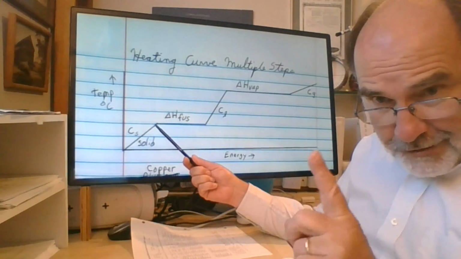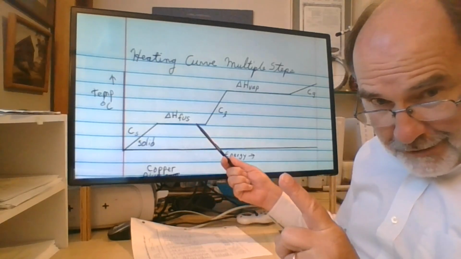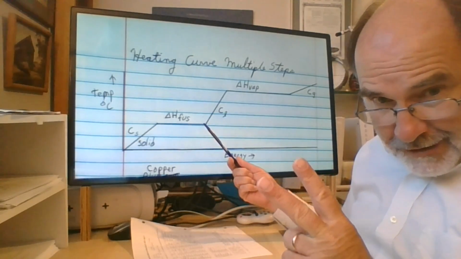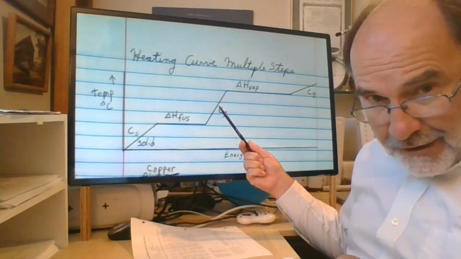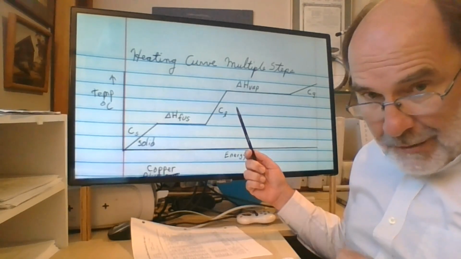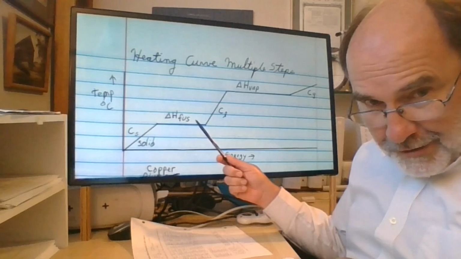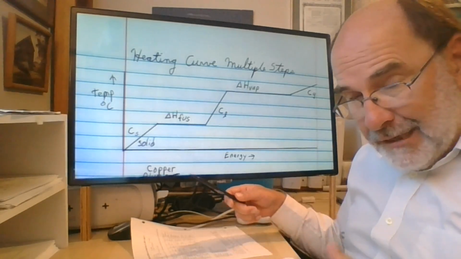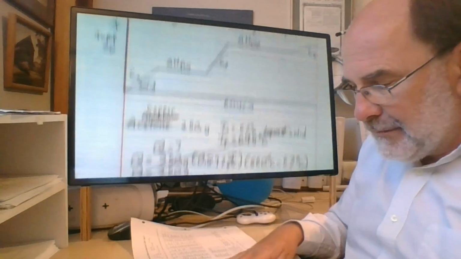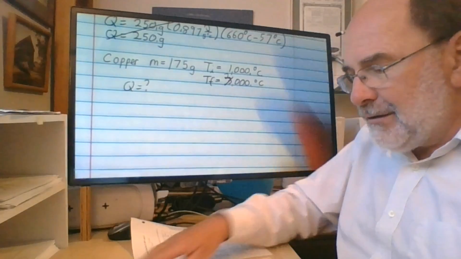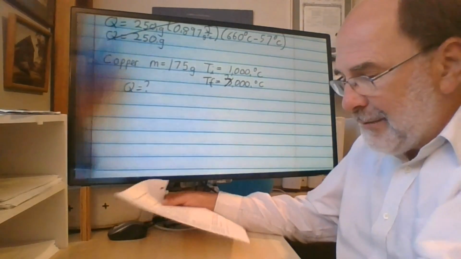I'm going to heat it up. That's one calculation. I'm going to melt it. That's the second calculation. And then I'm going to heat the melted copper. That's the third calculation. And mathematically, we just do each one of these three calculations and add them together. There's the total. There's the heat energy for this problem. Simple, but I thought you'd like to work through a couple of examples, right?